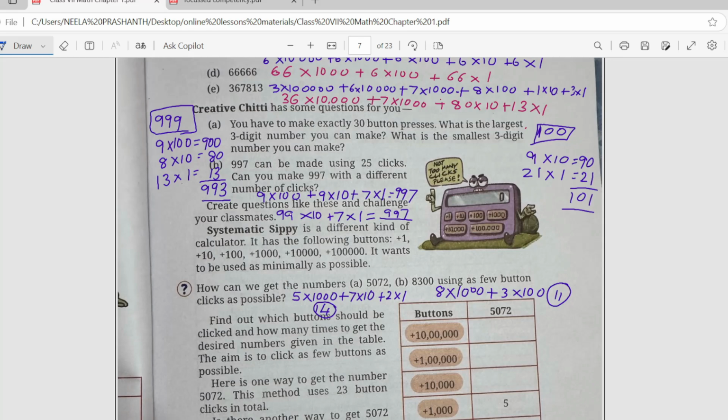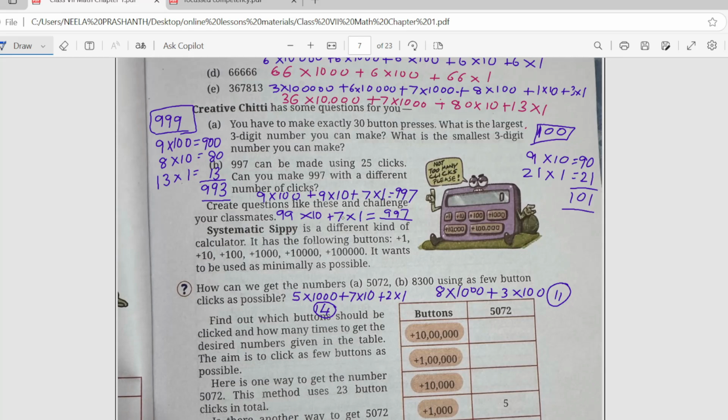Now the question is to make it look different. The number of clicks should be different, but we need to get the sum total 997, same number. So I have tried one way here. 99 into 10 will give you 990, and I am clicking 7 times the button 1. 7 clicks of 1.